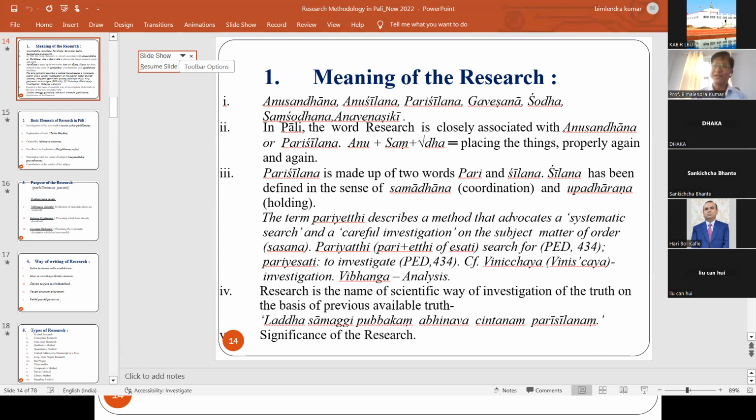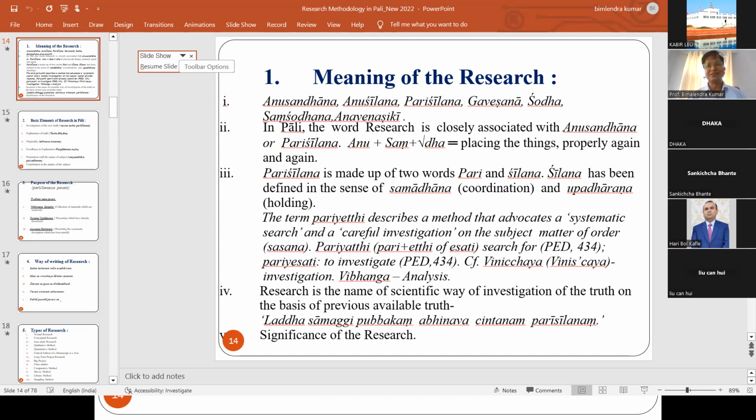In Pali, we have texts like Paramattha Vinicchaya and Vinaya Vinicchaya, manuals of the Abhidhamma written on the Abhidhammattha Sangaha by Acharya Anuruddha in the 11th century AD.